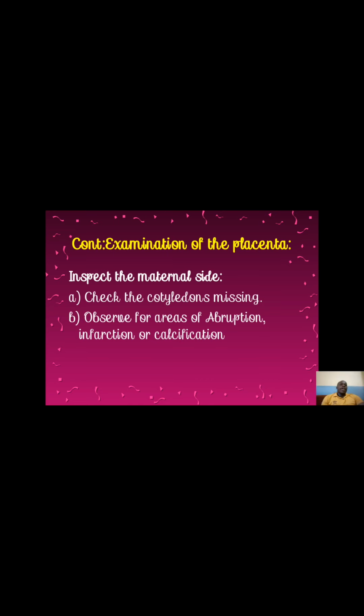Kama labda unaona kwamba nyingine labda ilibaki, kwa hiyo lazima tu observe. And utaangalia thickness of the placenta, na thickness, pale utakuwa una stick ambao utachoma kwenye katikati ya placenta, na thickness huwa ni 2 cm to 2.5 cm.